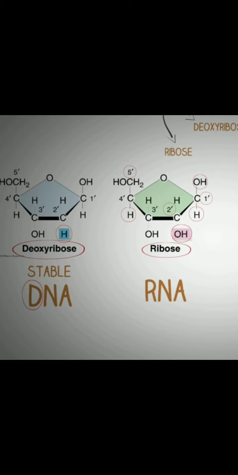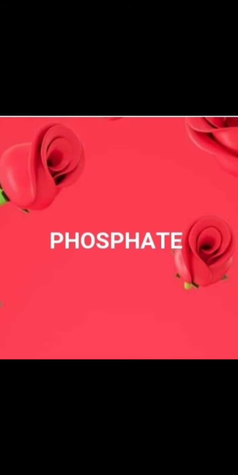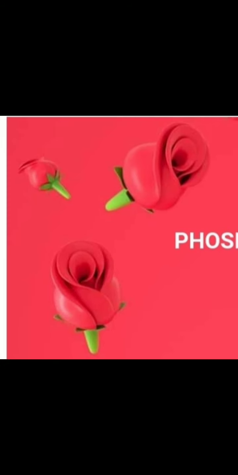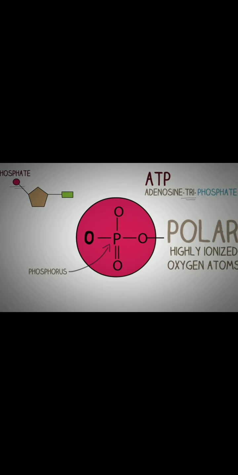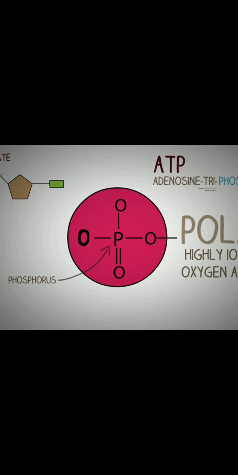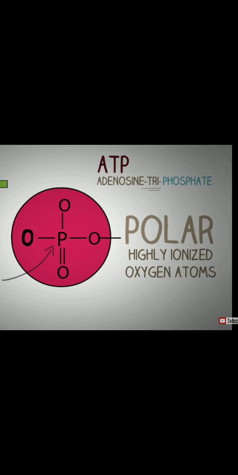The next important group to study in the structure of a nucleotide is the phosphate. Phosphate group, which is the entity right here. The phosphate group consists of a phosphorus atom in the center, to which 4 oxygen atoms are attached, which are negatively charged. It is the same phosphate group which is present in adenosine triphosphate, called ATP.